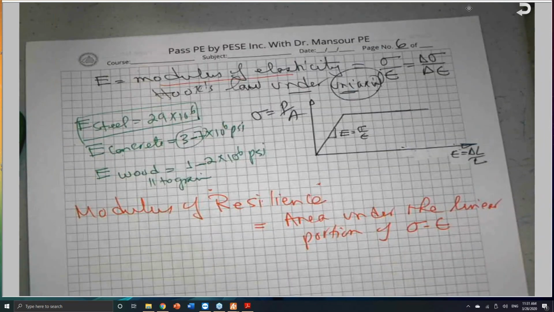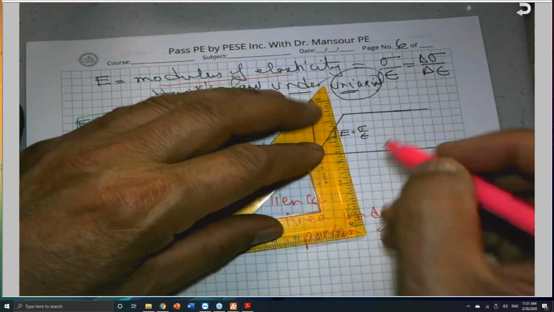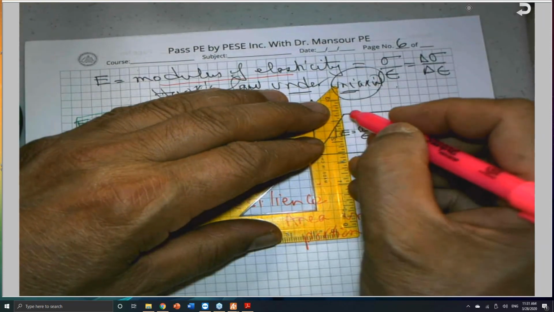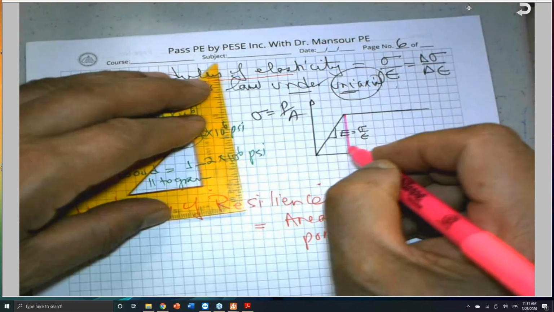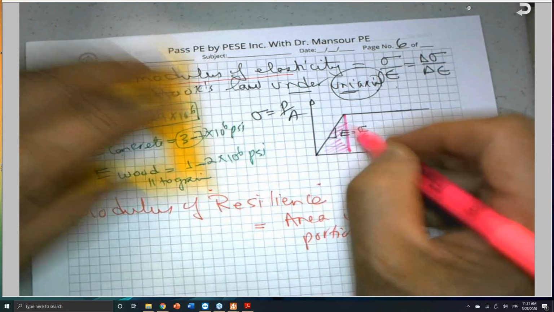So if you take the area under the linear portion, this is called the modulus of resilience, or the elastic energy, or elastic strain energy, as we call it in seismic design.